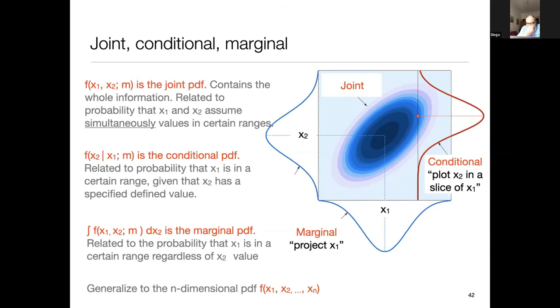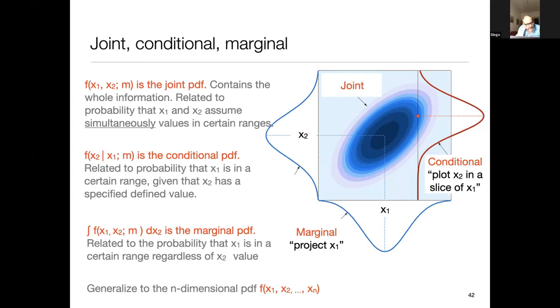So if you take a two-dimensional distribution, which is the simplest generalization to multiple dimensions, represented by these colored ellipses here in this plot, the two dimensions are x1 and x2. And you have to keep in mind 3 different PDFs that you can construct from this.